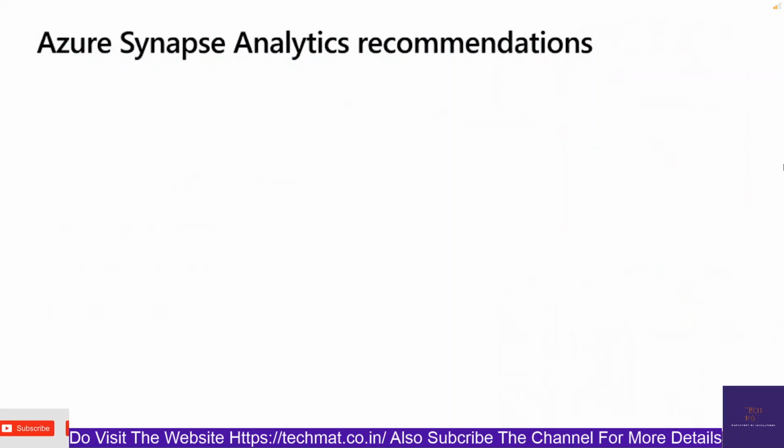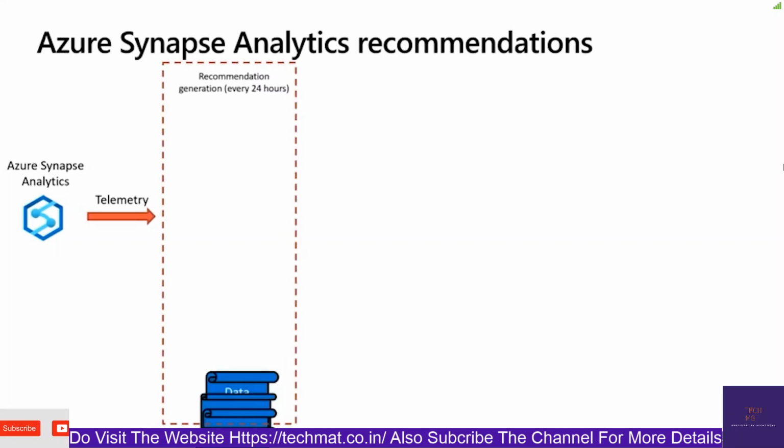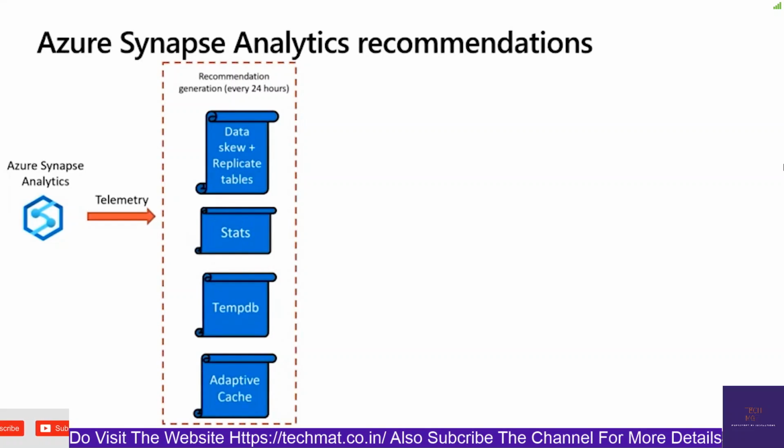Another cool feature which we use here is Azure Synapse Analytics recommendation. How it works is that Azure Synapse Analytics publishes the telemetry data, and telemetry data is used for the recommendation generation. It's collected over 24 hours. What data is collected is the data skew and replicated tables.